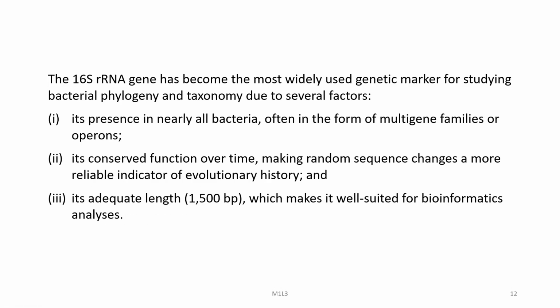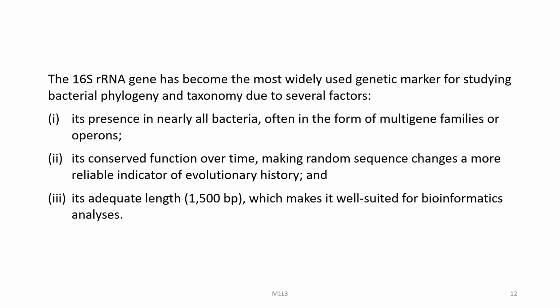Why has the 16S rRNA gene become the most widely used genetic marker for studying bacterial phylogeny and taxonomy? There are several factors responsible for this. Number one, the 16S rRNA gene is present in nearly all bacteria, often in the form of multigene families or operons.